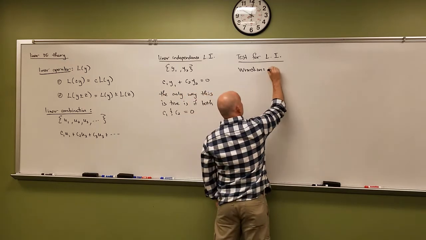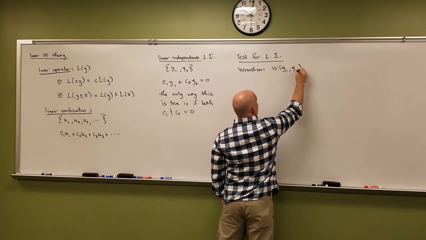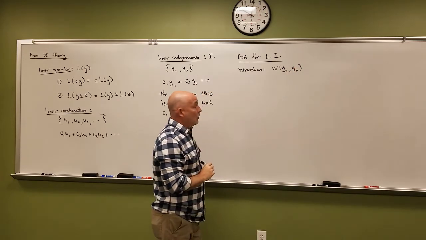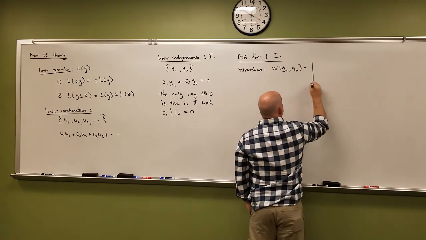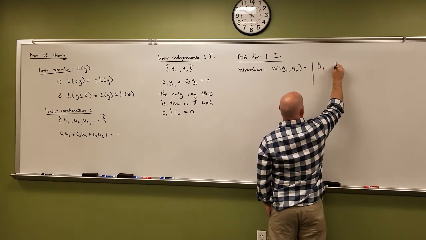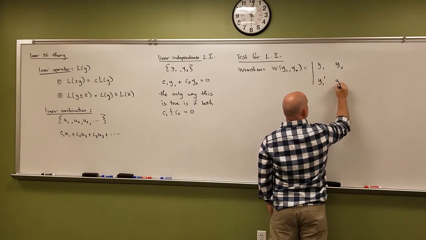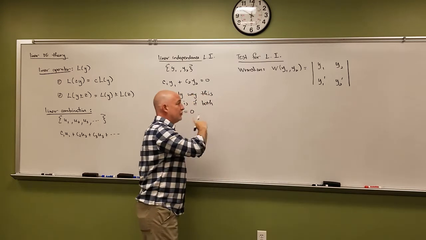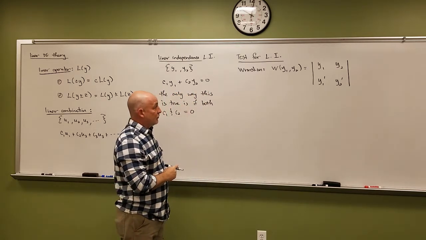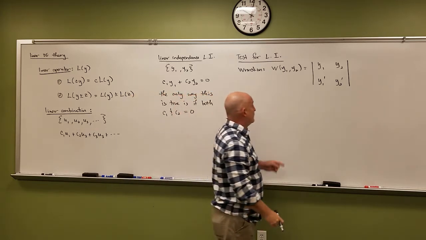You start with a capital W, and then you put the functions in parentheses, so y1 and y2. What the Wronskian is, it's going to be the determinant of the matrix. Now remember, you can only do the determinant of a matrix if it's square, where you put the functions in the top row, the derivatives of those functions in the second row, and find this determinant.